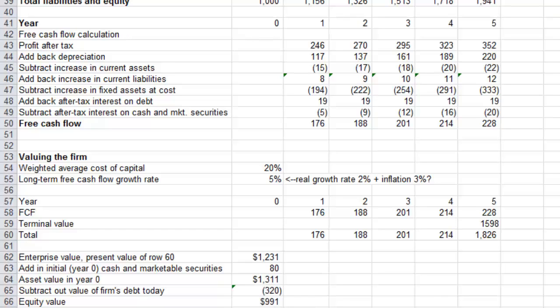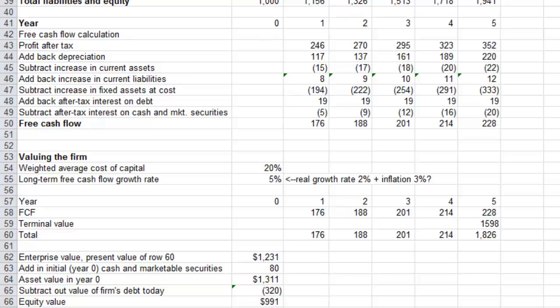In step 4, you need to prepare a one-way data table that looks at how the value of the firm's equity would change with different assumptions about the growth rate of sales, which was way up in cell B2.